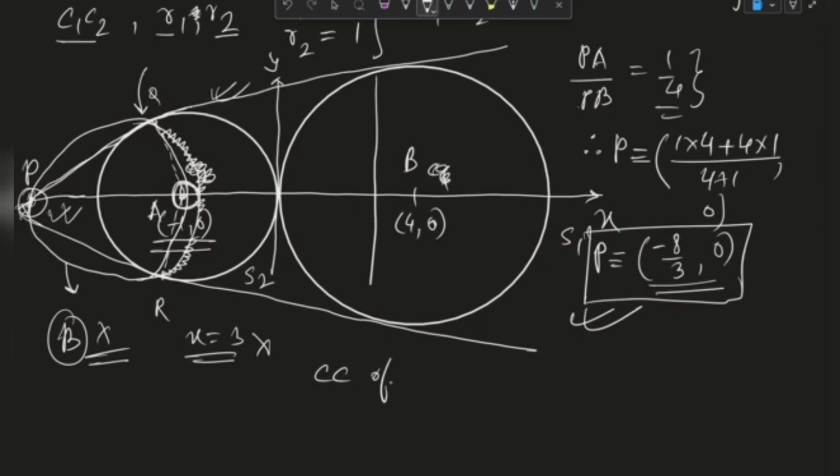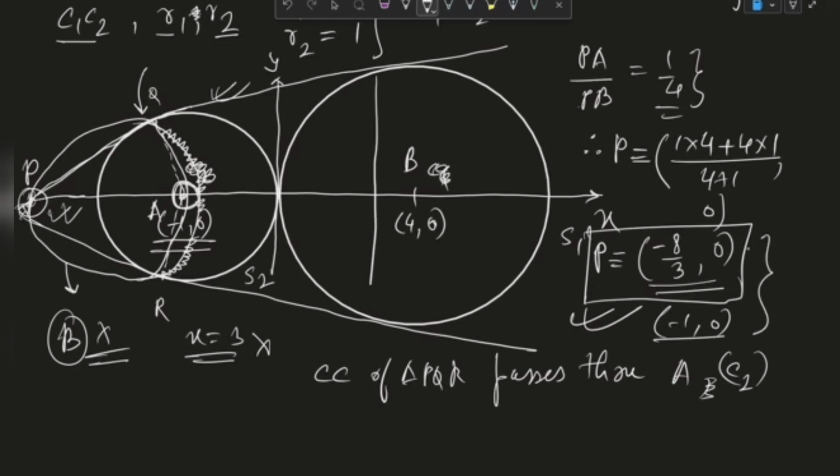The circumcircle of triangle PQR passes through the point A, or what we had written as C2, whatever you consider it as. So it passes through minus 1 comma 0. So basically minus 1 comma 0 and minus 8 by 3 comma 0, these are the two diametric points of the circumcircle.